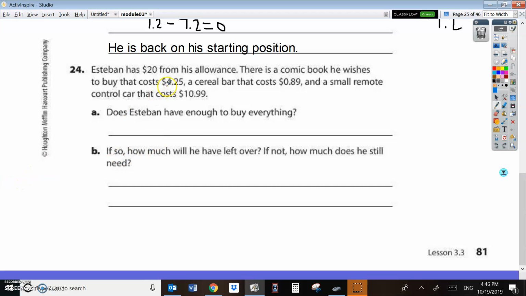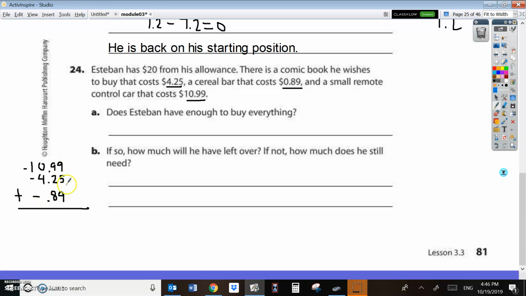Let's add up all of his costs and then see how much that is. But remember, they're all costs, so they're all going to be negative.